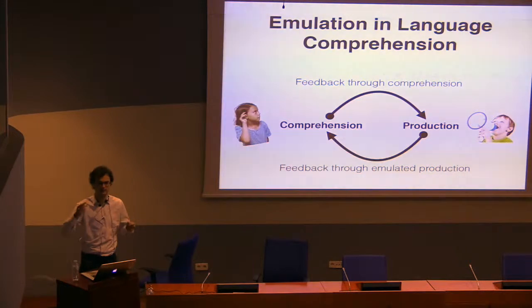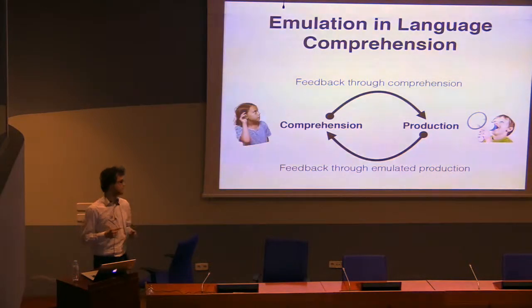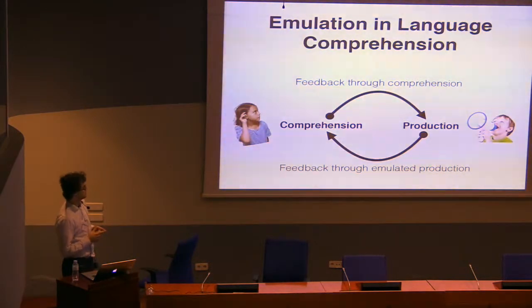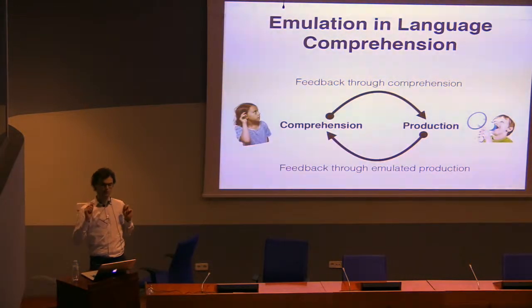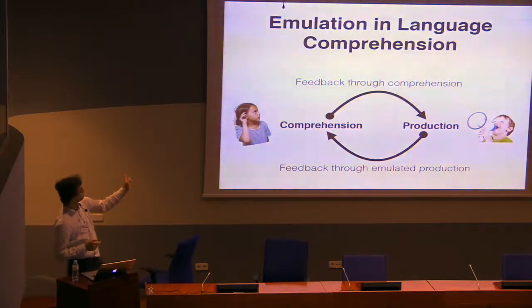You're speaking and suddenly you realize that you were making a mistake. But the opposite is also true. While another person is speaking, you would be using your production system to covertly simulate the production process of the speaker. So there is feedback through comprehension for production and feedback through emulated production for comprehension.